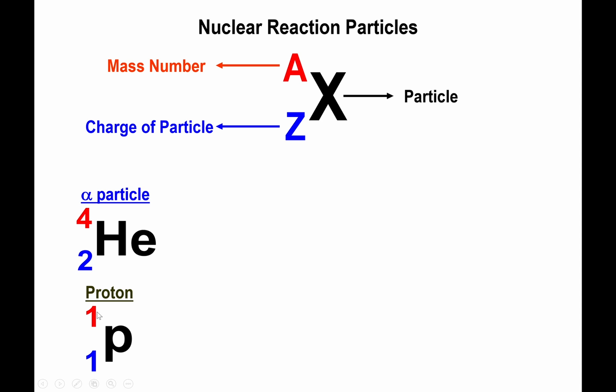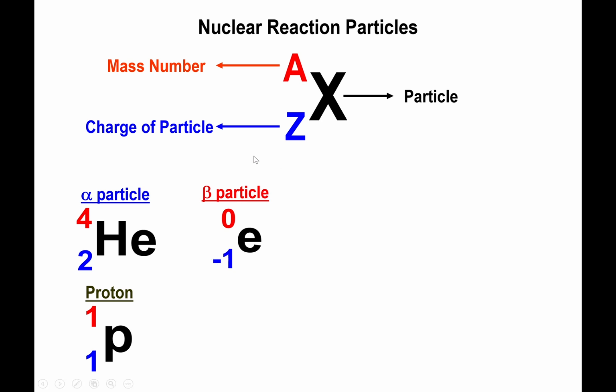The proton has 1 proton, since it is a proton, and a mass number of 1. You could also represent this as 1H, right? So you could just write this as hydrogen, and probably that would be the better way to do it. It's to make it clear that this is a proton and just a proton.